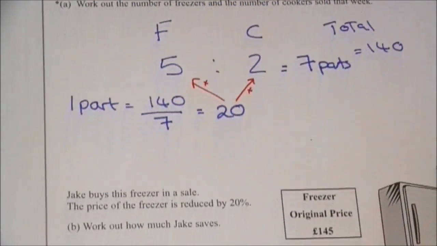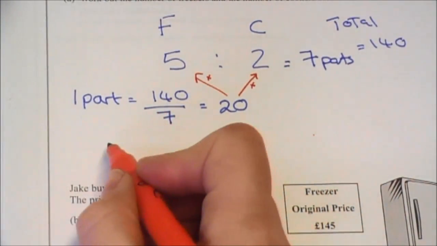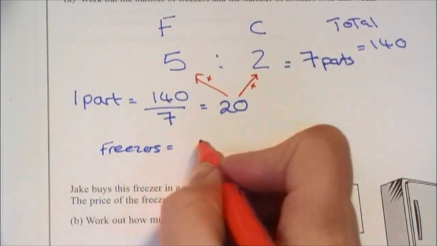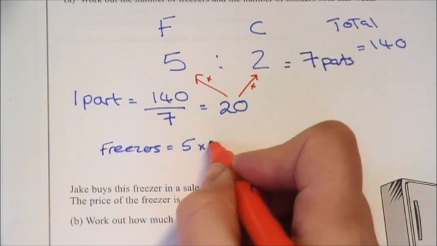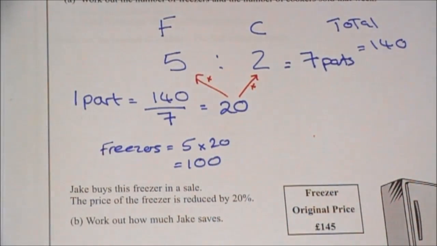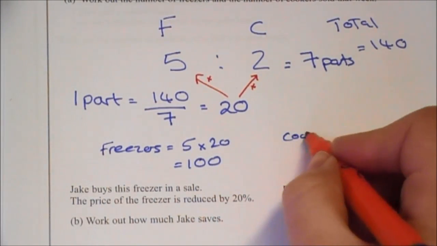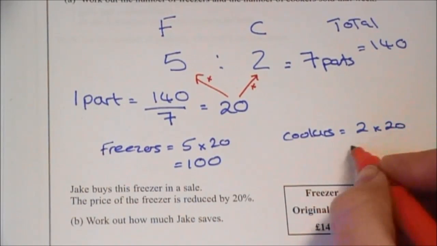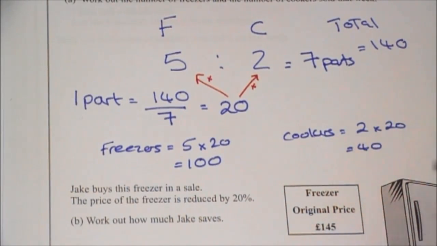But I'm going to just lay it out in a little clearer way. So I'm going to say freezers equals 5 times 20, which is 100, and cookers is 2 lots of 20, which is 40.